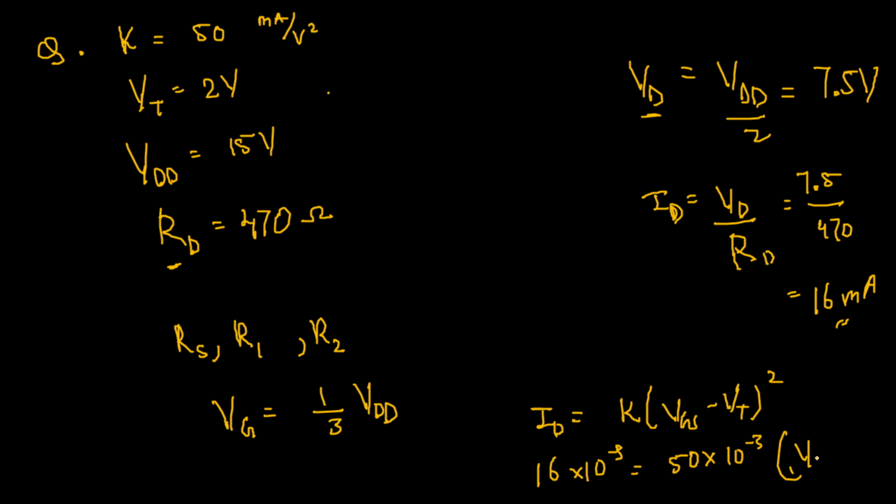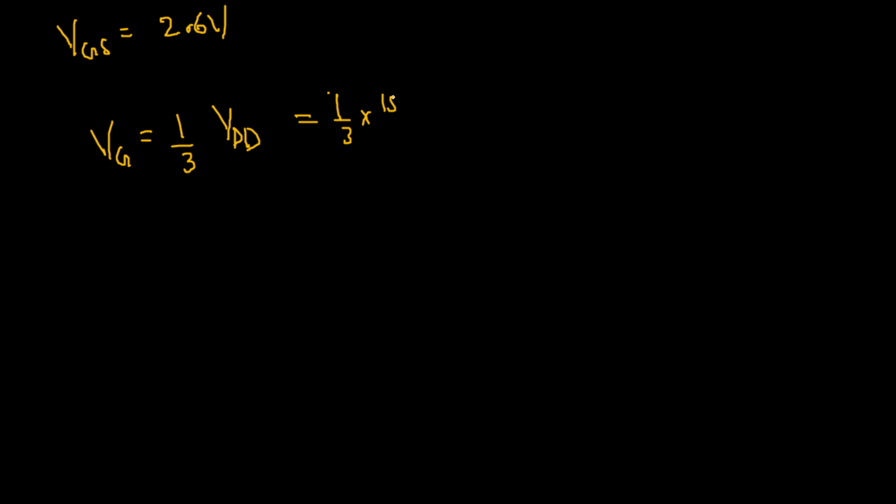And then I have VGS is unknown, VT is given as 2, right? So from this equation, I can find out that VGS is 2.6 volt. Okay, so now I have VGS and I also have VG, which is given by 1 by 3 into VDD, right? So 1 by third of 15 is 5 volt, right?